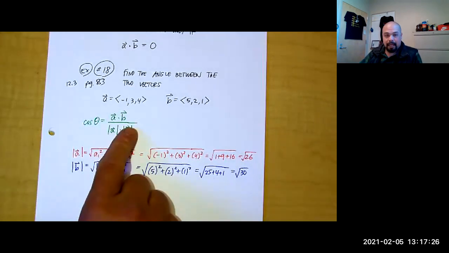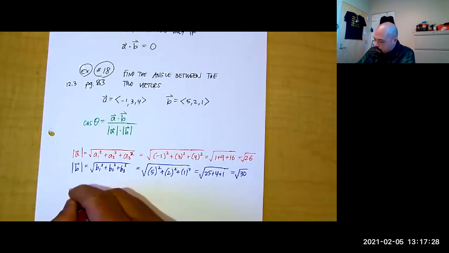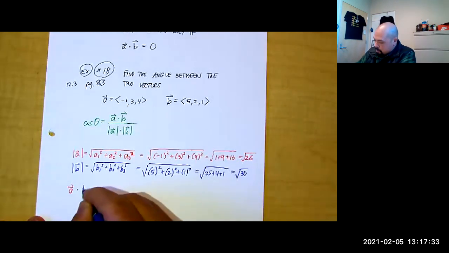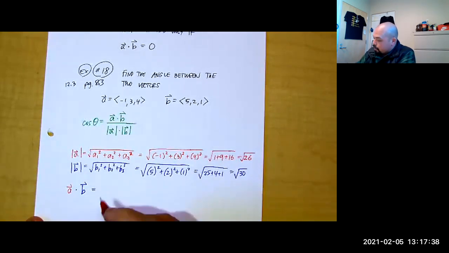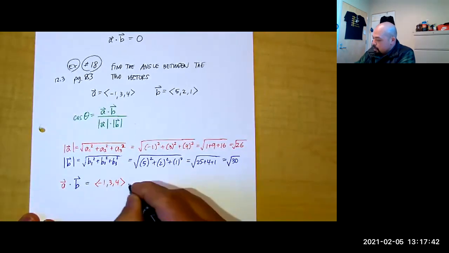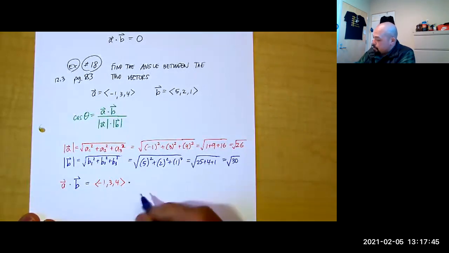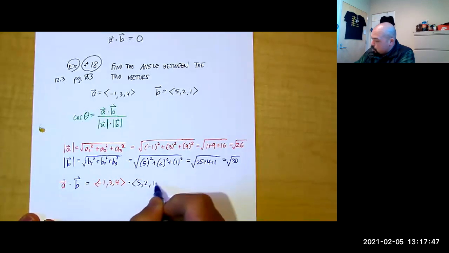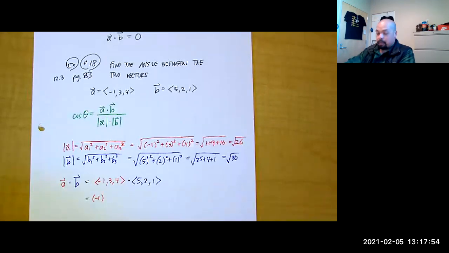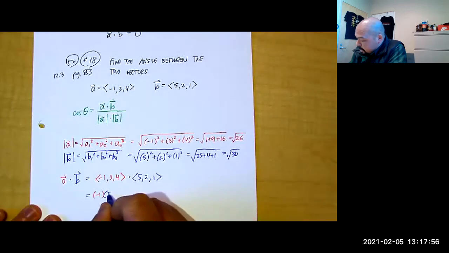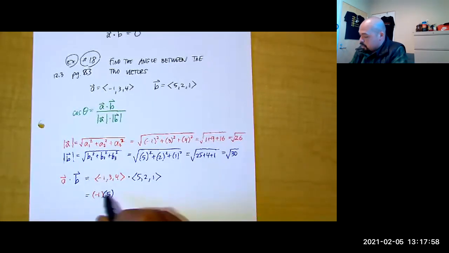Next up, we need that dot product, right? So taking A, dotting it with B, that's going to be vector A was -1, 3, 4, dotting with vector B, 5, 2, 1. All right, so doing that work, multiplying. Again, I'm going to probably be a little bit tedious here, but I just want to reinforce this calculation.